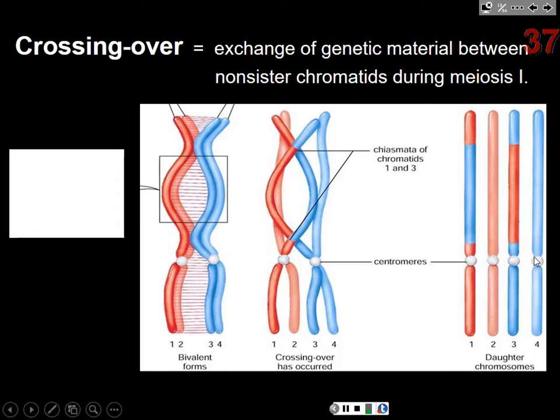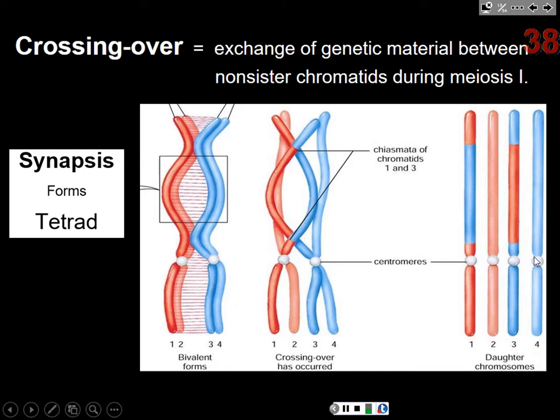Crossing over is the exchange of genetic material between non-sister chromatids during meiosis 1. So we have synapsis forming this tetrad. Exchange of genetic material. We've numbered the chromatids for convenience, so we can talk about them. So this is the maternal number 1, and that's the paternal.